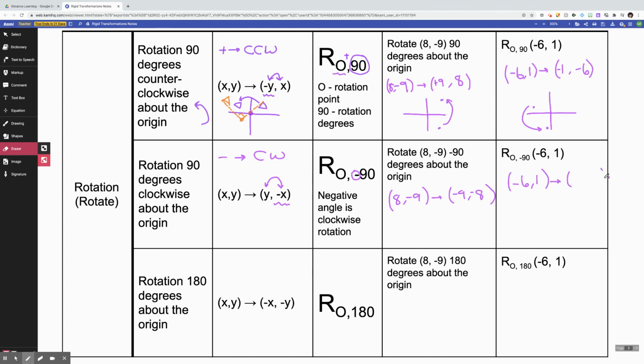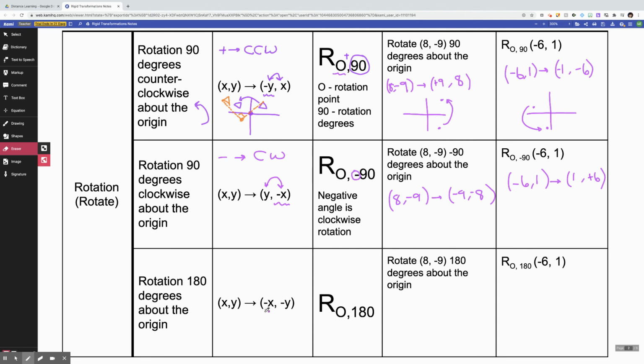I'm going to swap my x and my y, so (1, -6). And this time I'm going to change the sign of my second coordinate. So this is (1, 6). If there's a plus sign right here, you can just get rid of it. It's implied. Okay.